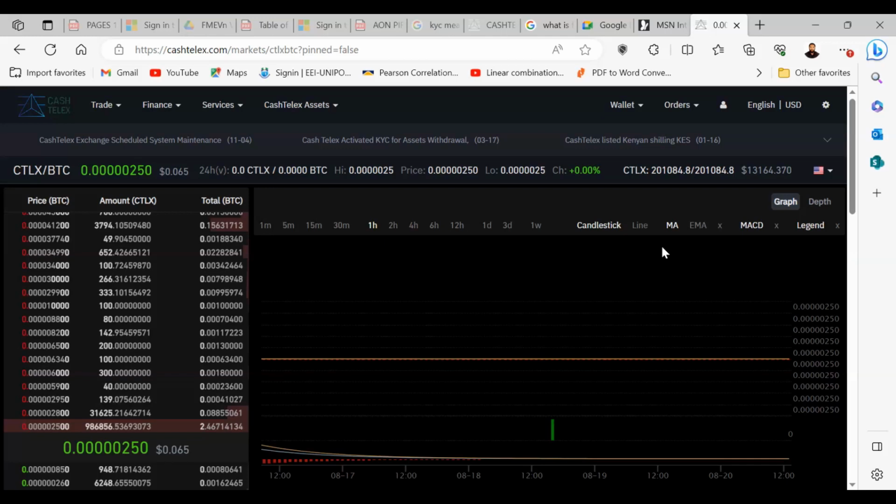But before you carry out any trade, you must have Bitcoin or another cryptocurrency coin. For me, since I started carrying out trade on CashTelex, I've always been using Bitcoin because it's more reliable and easier to transact with.